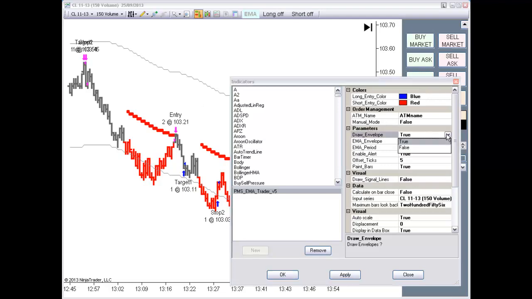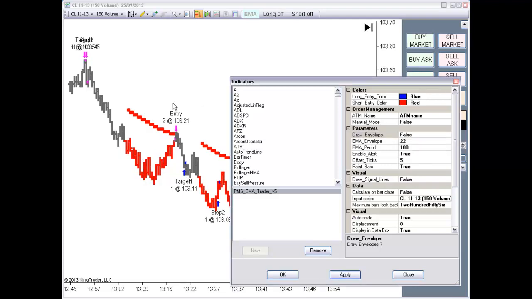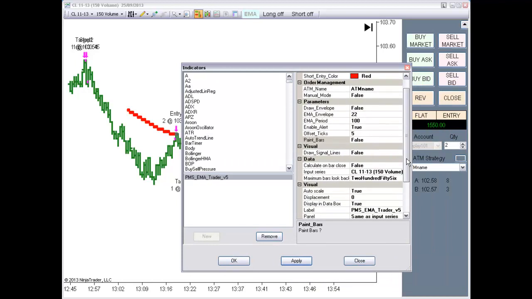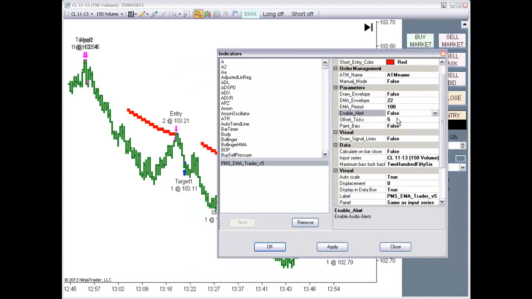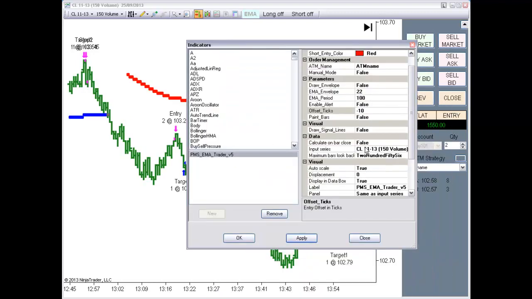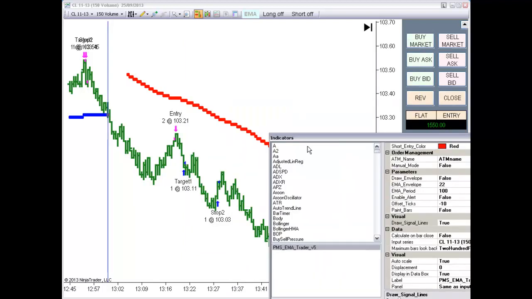We can disable the envelope, we can paint or not paint bars, we can change the offset, we can take early entries or late entries, we can draw the signals when we have a fill.